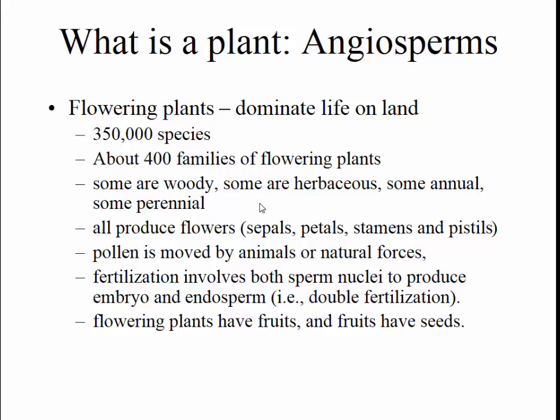Fertilization involves what we call double fertilization. Two sperm are delivered to the vicinity of the egg sac, at which time the sperm are released. One fertilizes to produce the zygote, the other fertilizes the primary endosperm nucleus. All flowering plants have flowers and have fruits, and fruits have seeds.